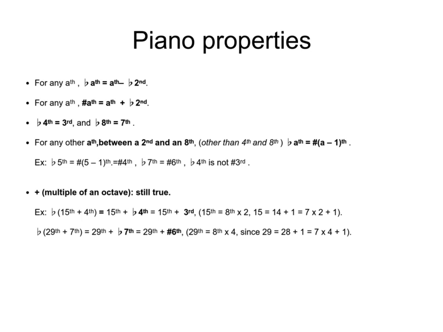But anyway, for any other interval between a second and an eighth, other than the fourth and the eighth, diminishing that interval is augmenting one minus that interval. Diminished eighth is augmented a minus first, however you want to say that.